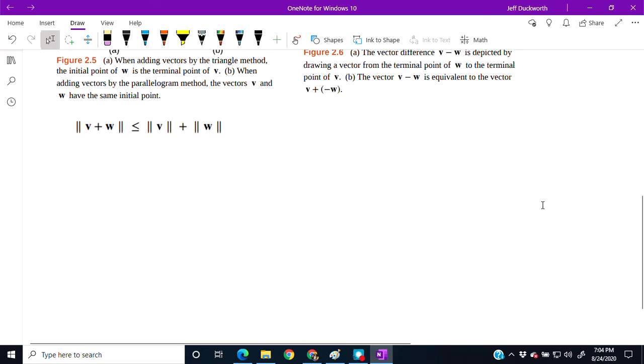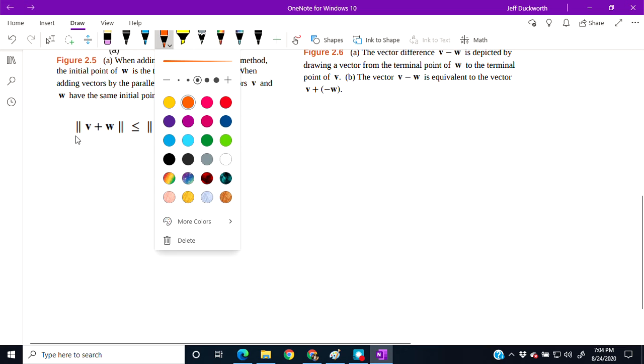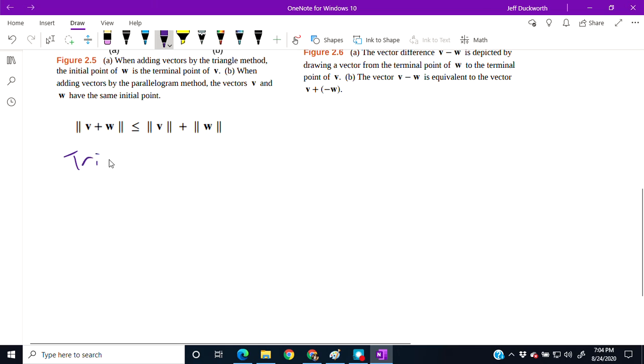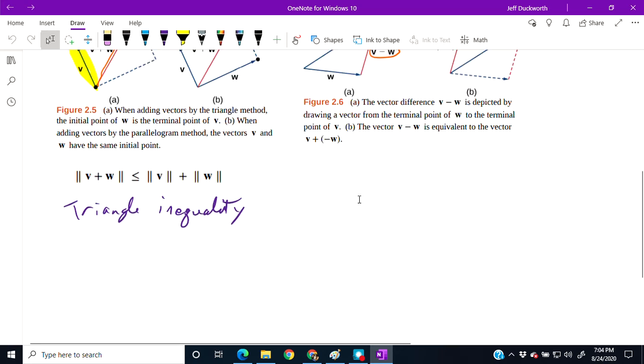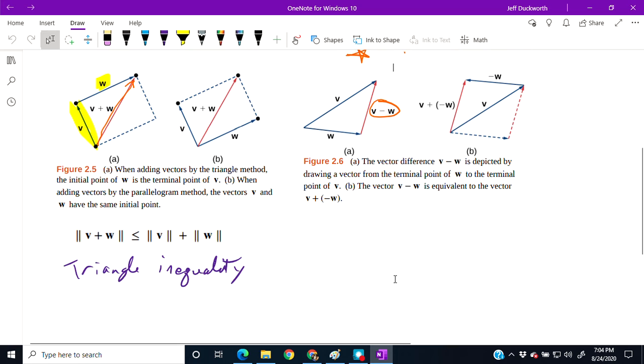And one last thing, this guy down here, this is called the triangle inequality. You've just noticed above here, we're making triangles when we're trying to calculate what they are.